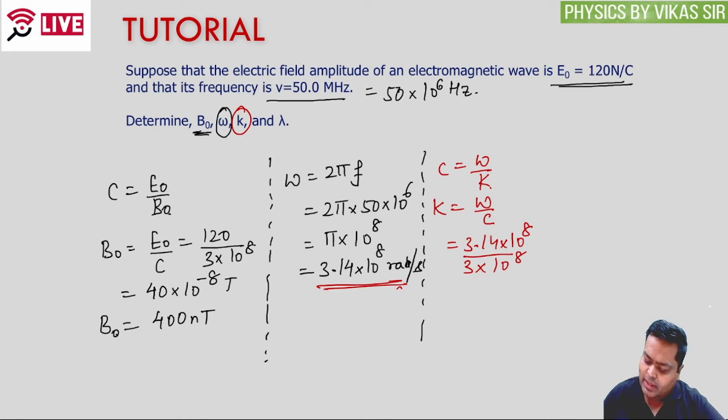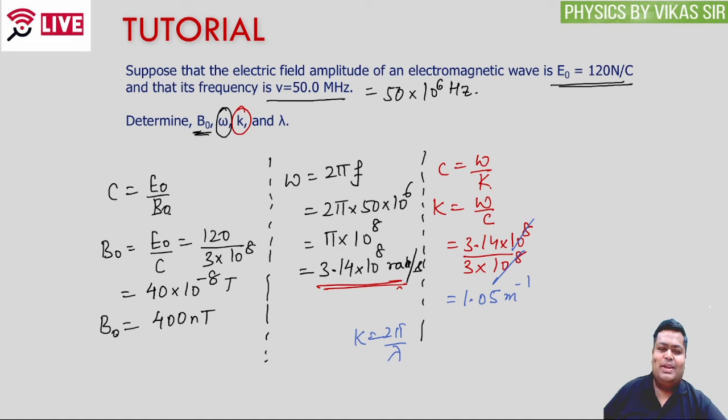So there is a slight bit of calculation: 10^8 gets cancelled, and 3.14 upon 3 is around 1.05. And the unit for this K, additionally K can also be written as 2π upon lambda, which means the unit is going to be per meter.